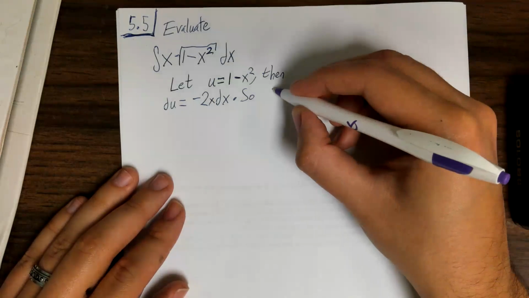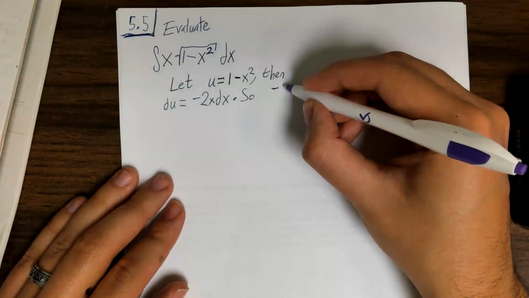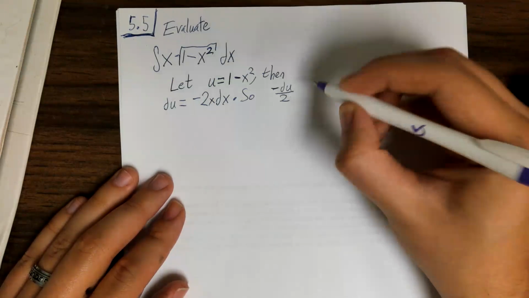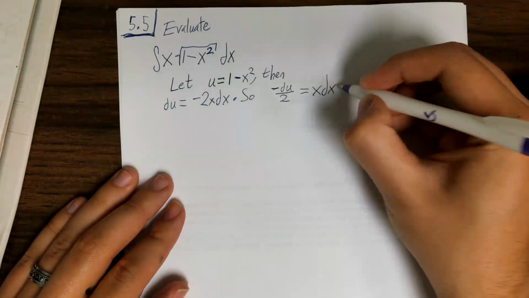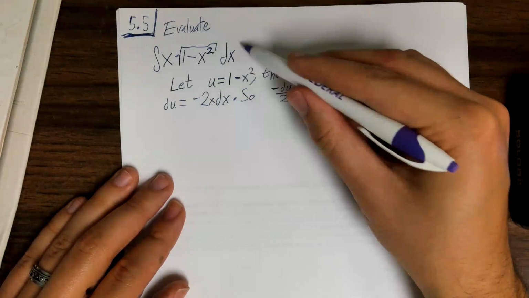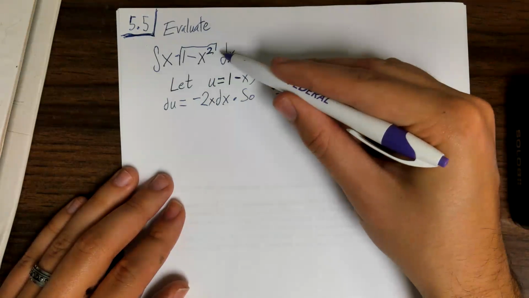So if I divide both sides by a negative 2, then negative du over 2 is equal to an x dx. And now we can replace the variables we have in this integral.